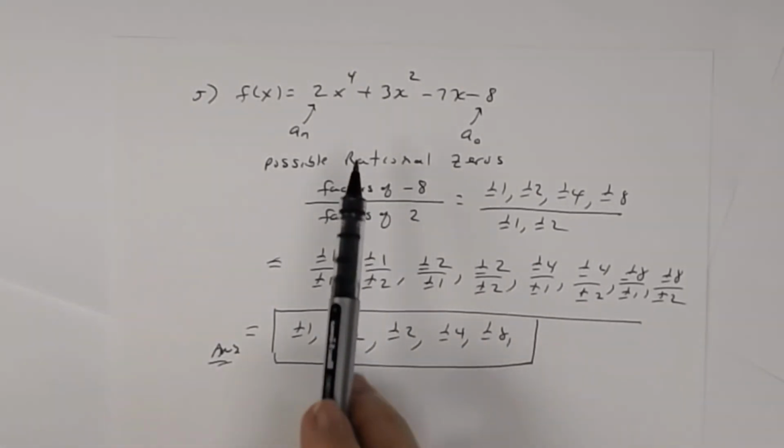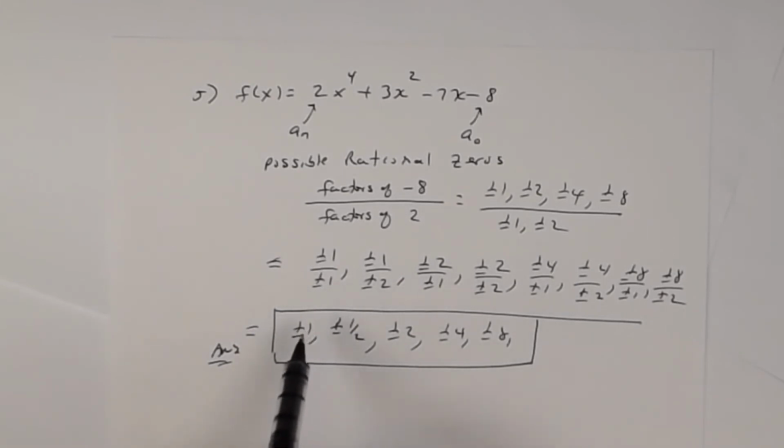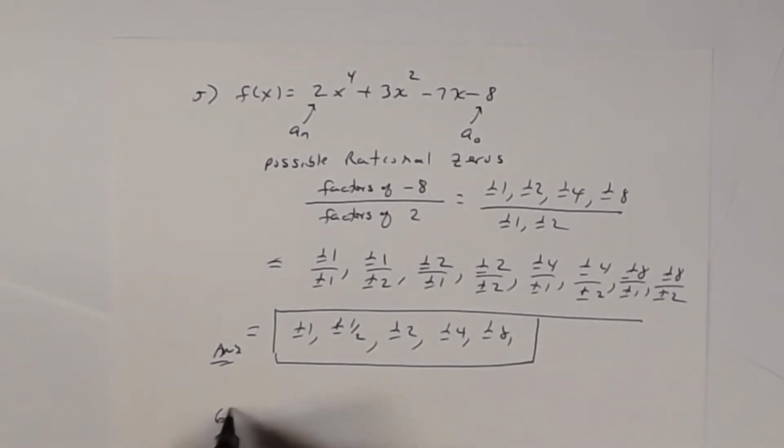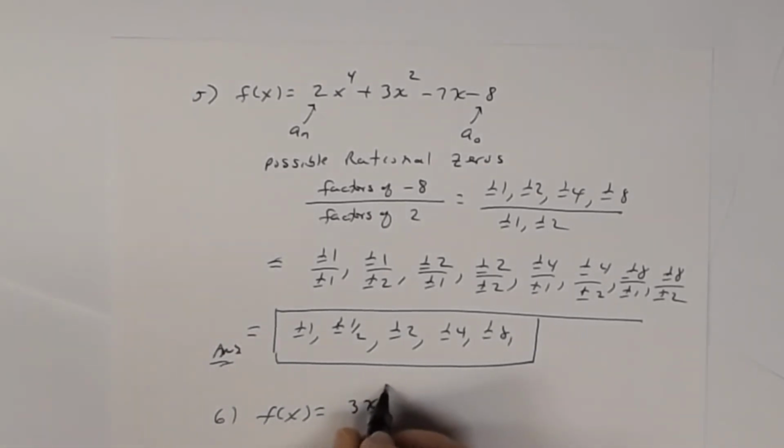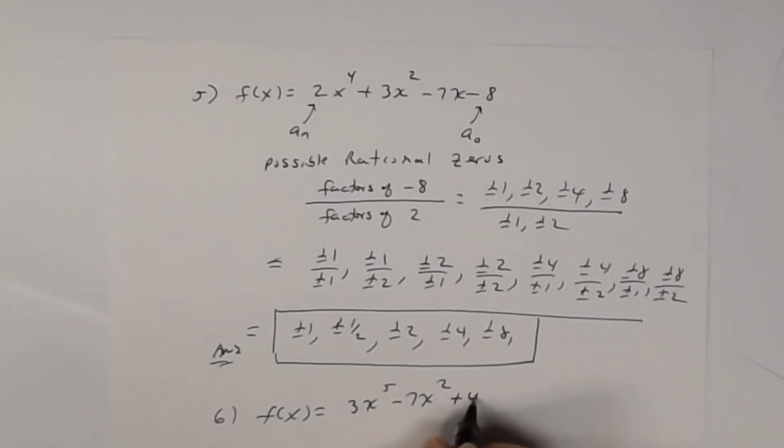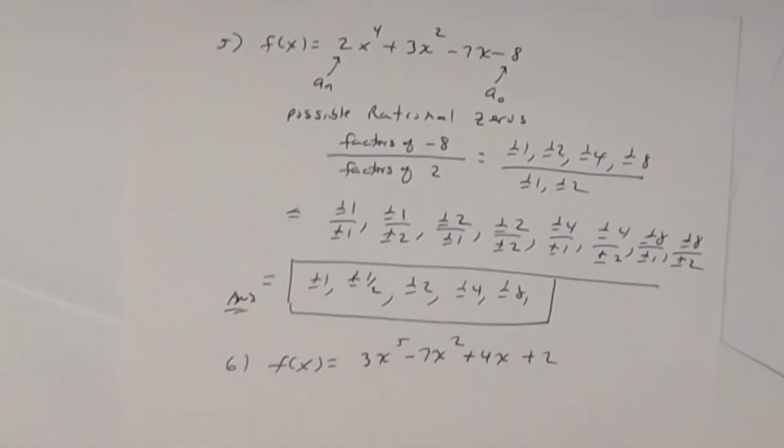So if this function has any rational zeros, it will be listed in this group right here. Okay? Number 6. Suppose that my function is this. We have 3x to the 5th minus 7x squared plus 4x plus 2. Okay?